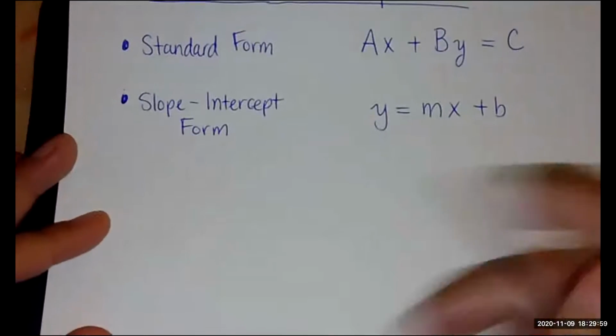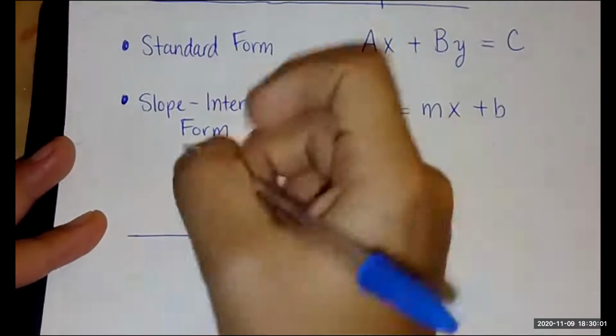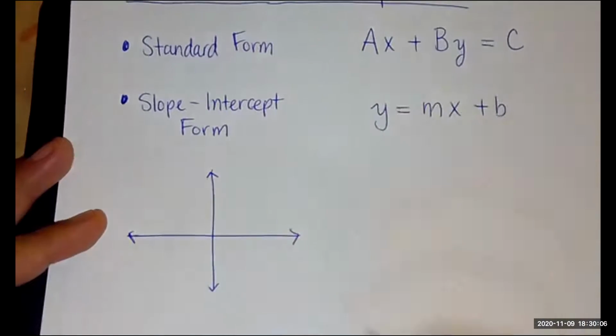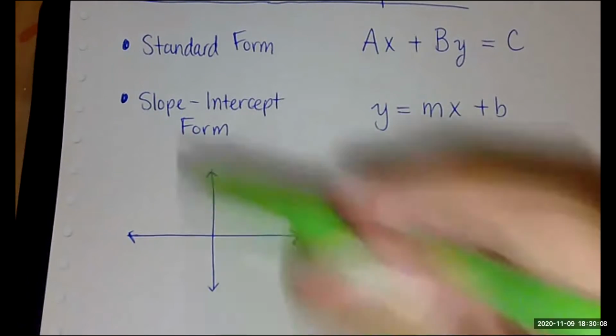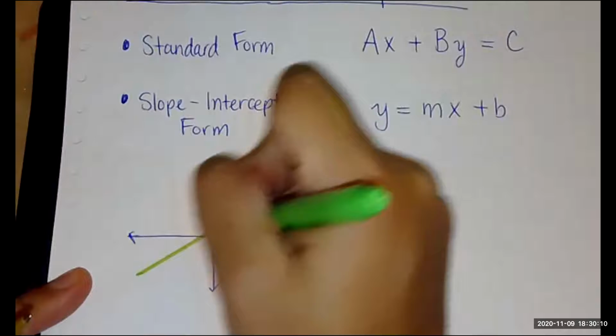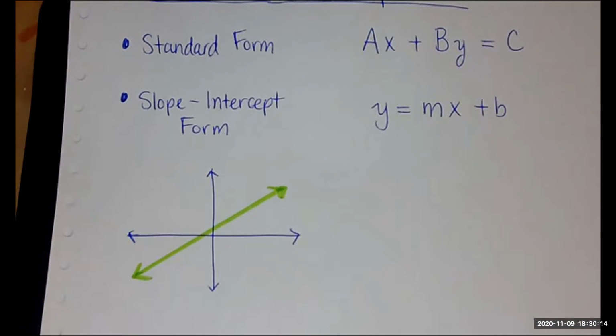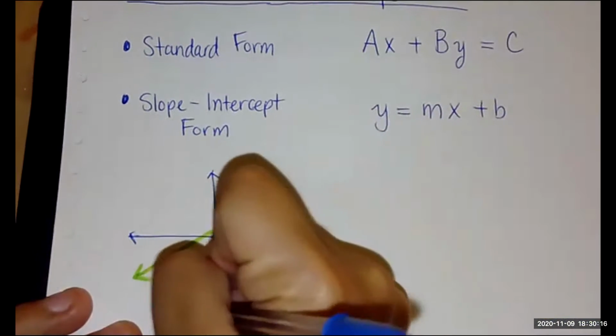And we saw different kinds of lines. So we saw lines that have positive slopes. So whenever we had a line that was diagonal, like that, we said that this had a positive slope.